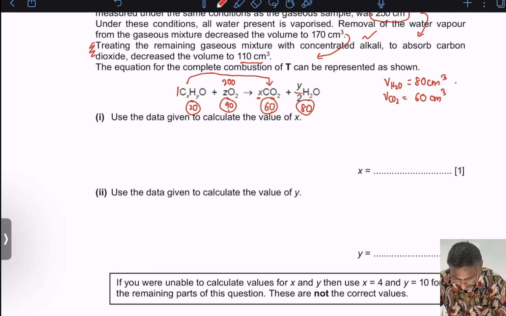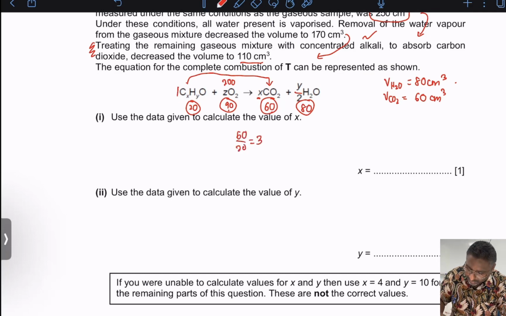Times by what? Times by 3. So X must be 3. If you want to show the working, 60 divided by 20 is 3. X I calculated is 3.